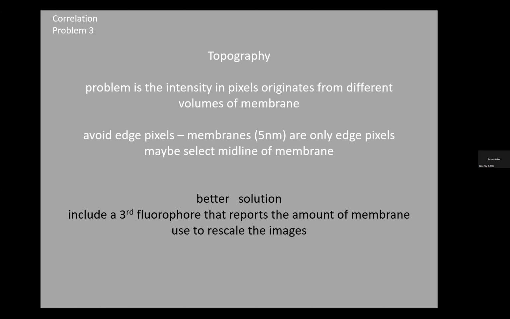If we had a nice uniformly stained nucleus, the pixels at the edge would have a little bit of nucleus and a little bit of something else, which in itself would create the correlation. So the argument then is we should avoid these edge pixels, which we can in the case of a nucleus, but in the membrane, everything is an edge pixel. At no point does the membrane completely fill a pixel. Our solution then is the third fluorophore.